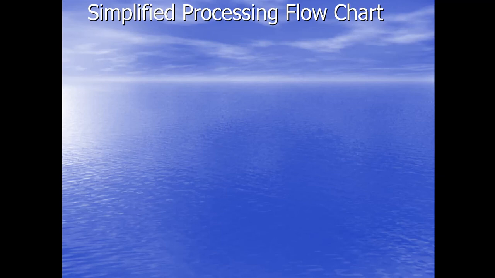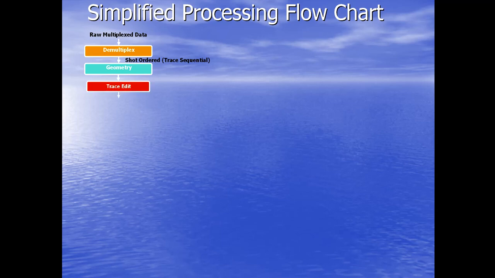So let's talk about the simplified processing flowchart. As I mentioned, the data recorded in the field is shot order data. Then we do the demultiplexing, and the shot order data is changed into trace sequential data. Then we define the geometry.